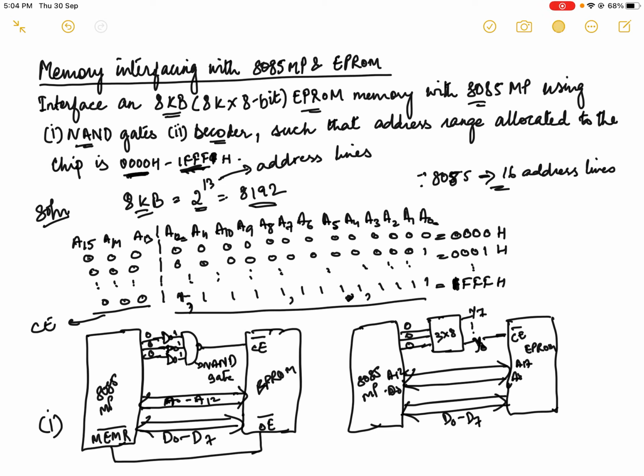These are your A13, A14 and A15 going to the decoder. That's how you solve this memory interfacing of the 8085 with an EEPROM. Okay, thank you.